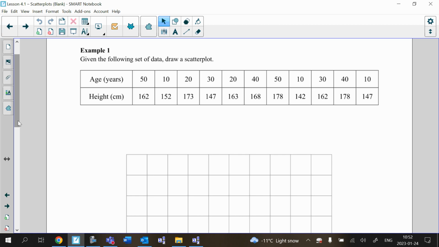Okay, so here we've got age in years compared to height. The first thing we want to do when we make the scatter plot is we want a title. So we could just say ages compared to heights.